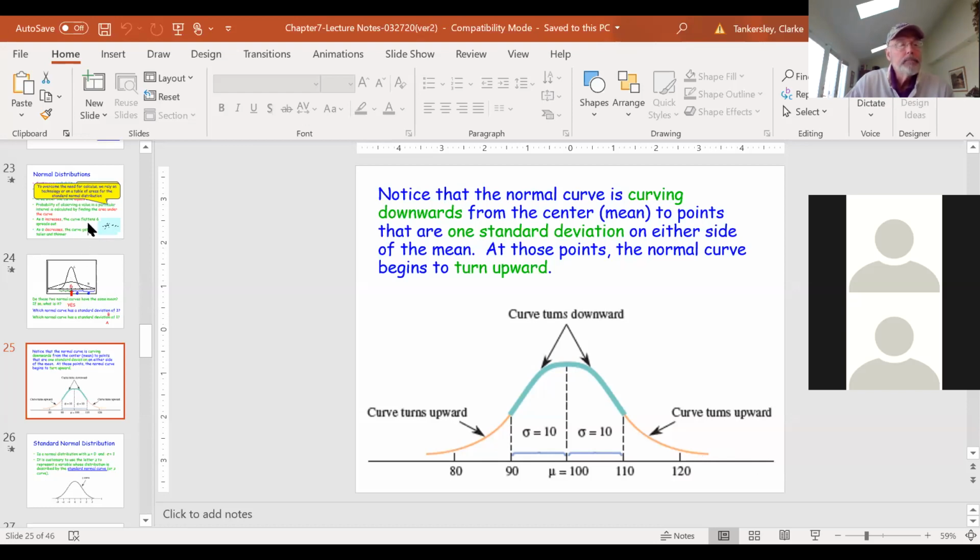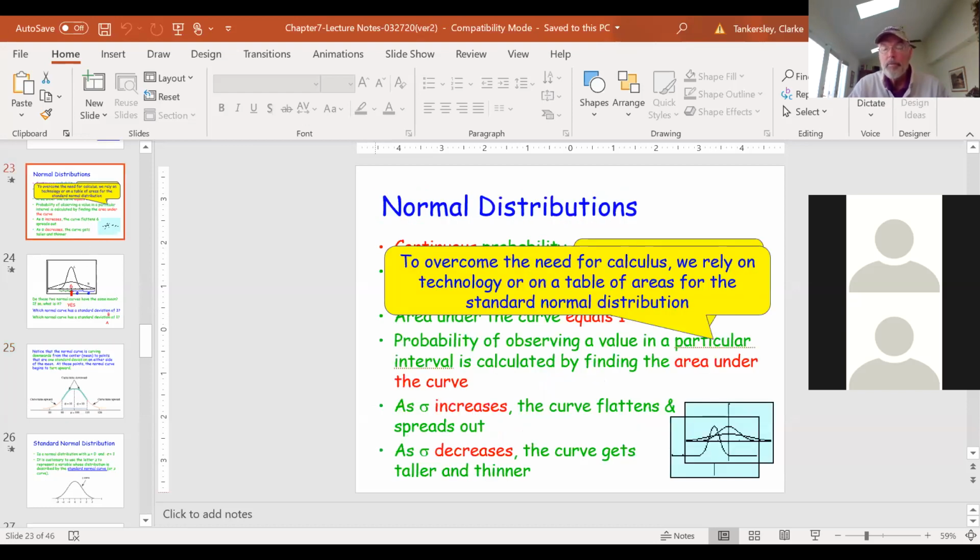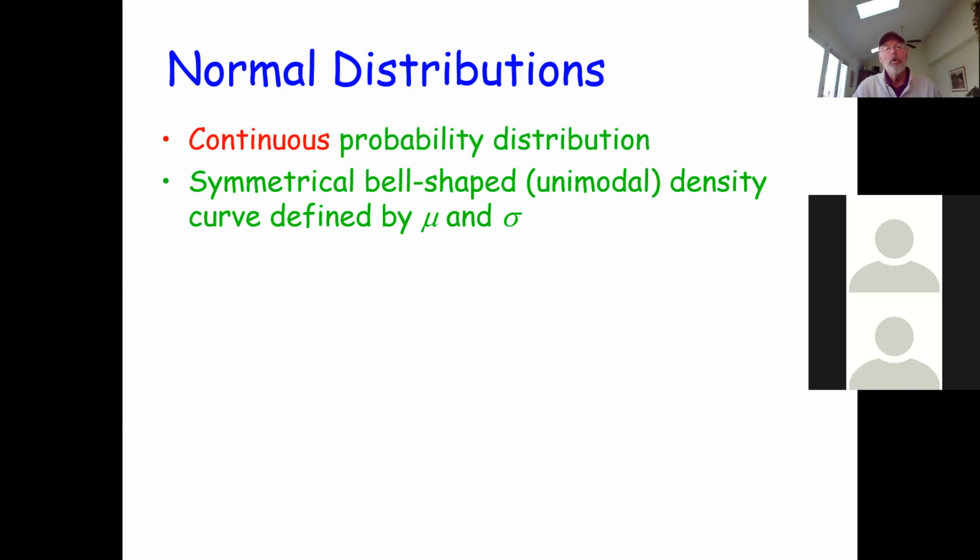Now, the last time we met, I don't want to be too redundant here, but we were thinking about normal distributions. Normal distributions are very, very important. We always want to get into a position where we have a symmetrical, bell-shaped curve. If we have that, then a lot of things go our way in terms of using statistical tools.